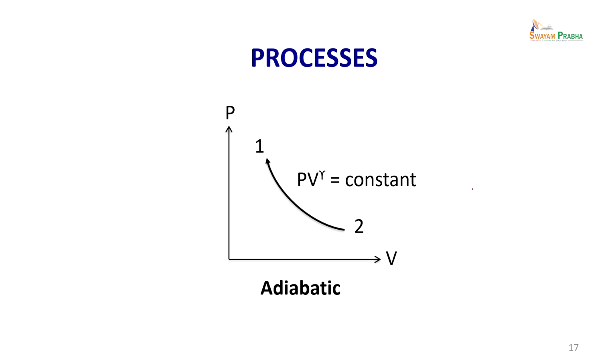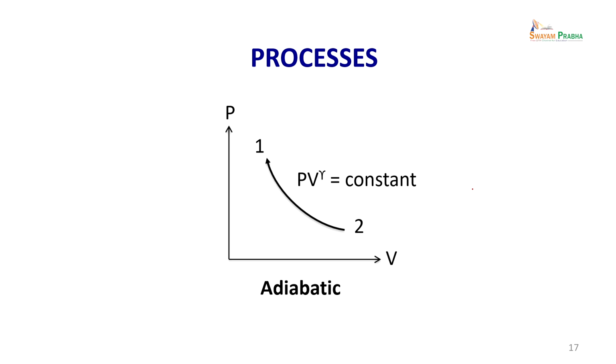Adiabatic process. What do you mean by adiabatic? The term adiabatic means there is no heat transfer. Q is equal to 0. On a PV diagram, an adiabatic process can be indicated by a curve like this. Again, the arrow marks can be pointed upward or downward.